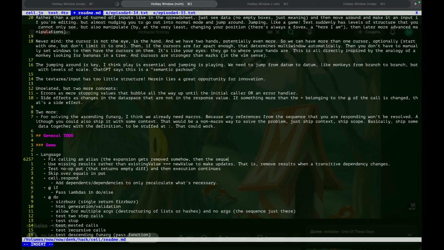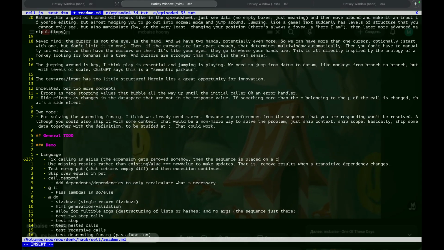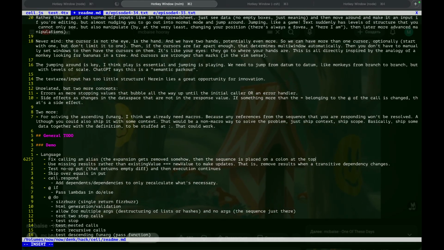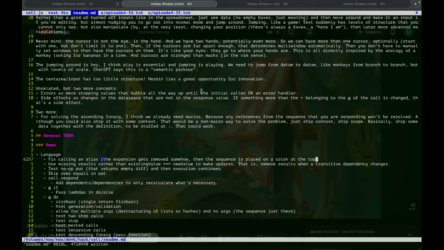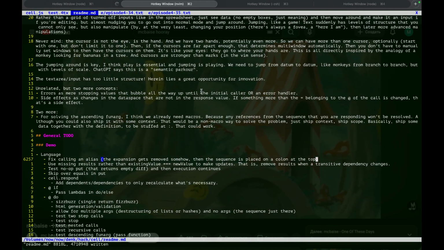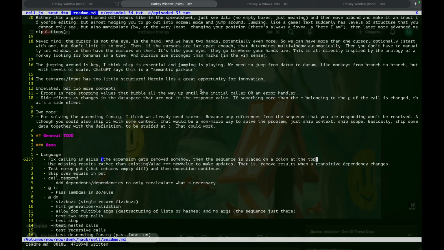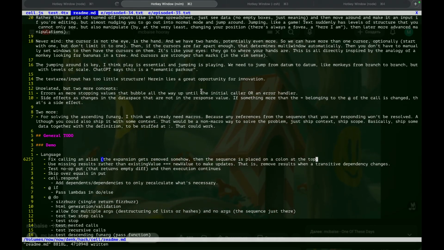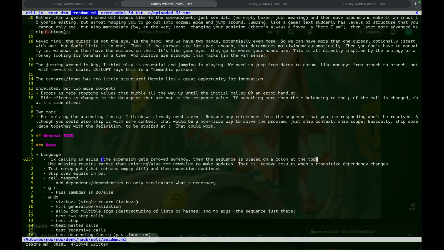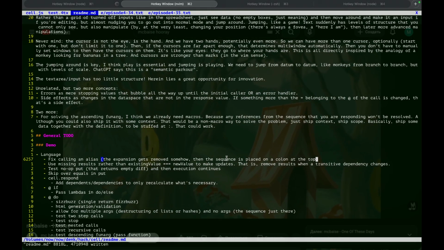And the sequence is placed on a column at the top. So these two, first fix this, which is fine because it has to work.